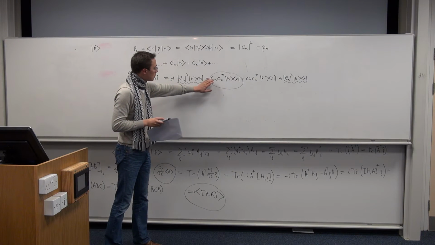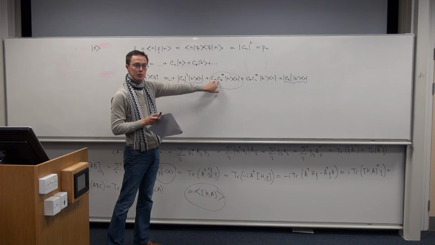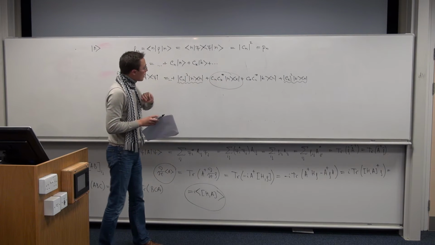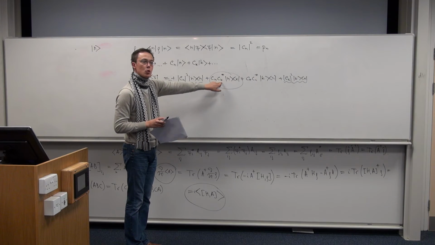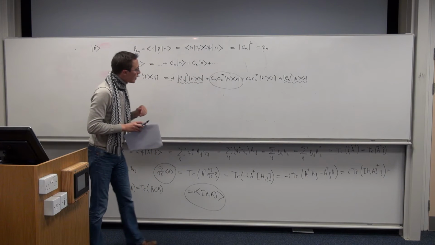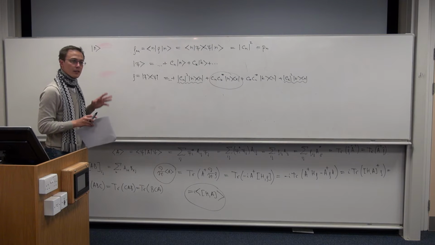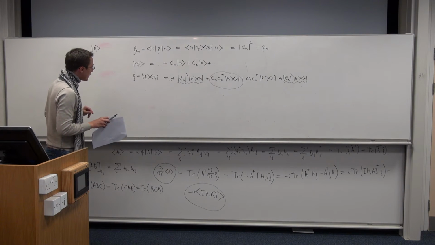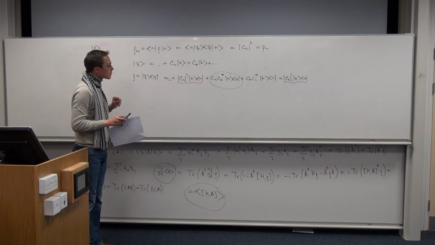So if both Cn and Ck are non-zero, then these terms would be non-zero. And this is a term that lives on the nth row and kth column of the density matrix, so it's an off-diagonal term.